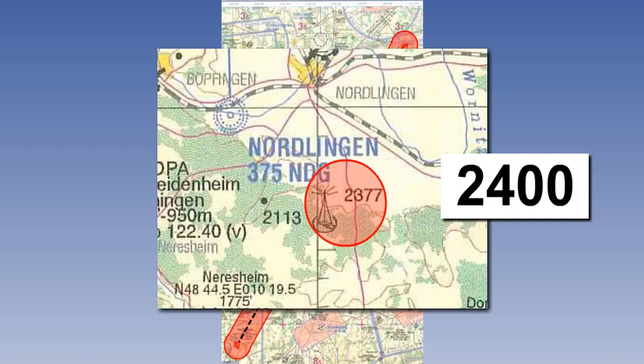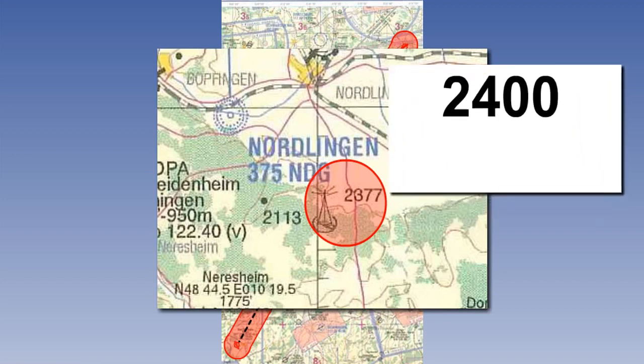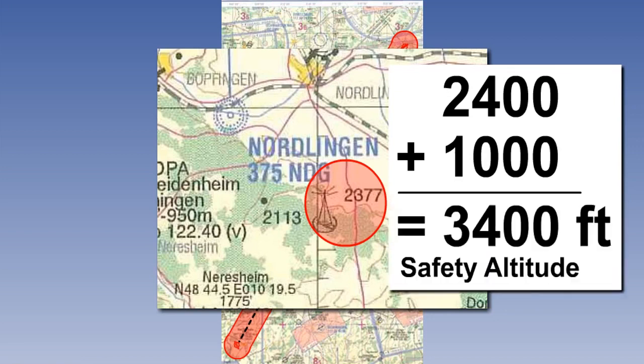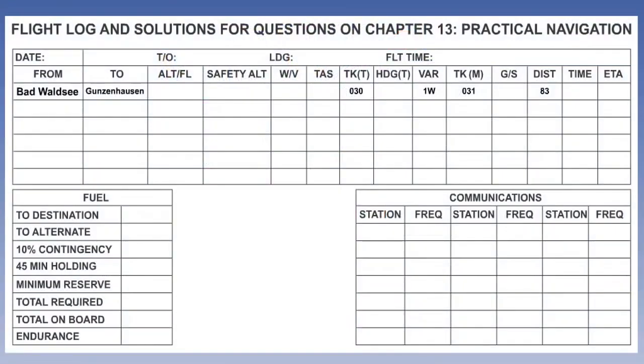Then, if the figure is 5,000 feet or less, add 1,000 feet. But if the figure is 5,001 feet or more, add 2,000 feet. The resultant is the safety altitude. In our case, the safety altitude is 3,400 feet, which is written in the flight log. In the next scene, we will discuss another minimum safe altitude factor, called a minimum grid area altitude.